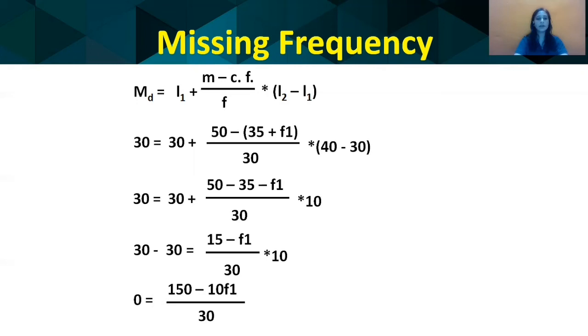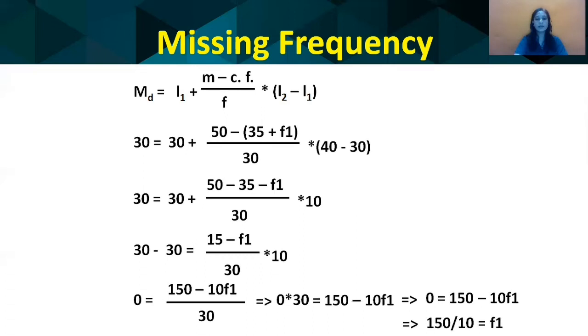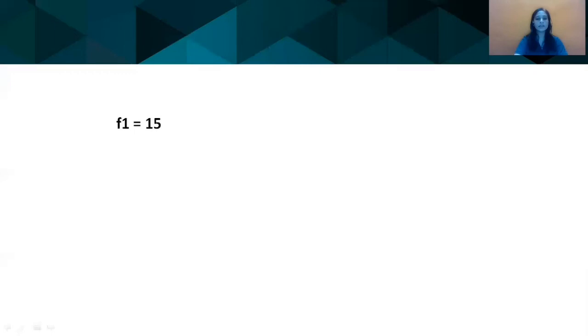Now we can cross multiply 30 to the 0. So it would be 0 into 30, which equals 150 minus 10 F1. So that is 0 equals 150 minus 10 F1, that will give us 150 divided by 10 equals F1, or we can say F1 equals 15.